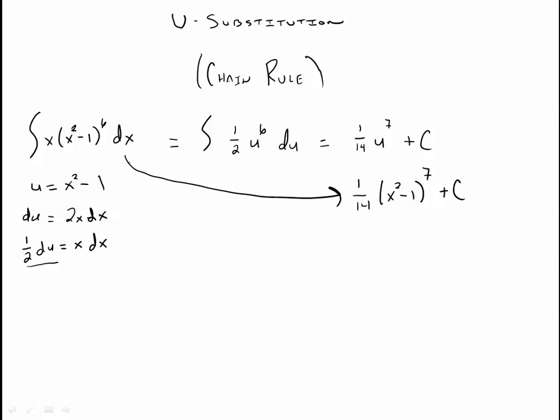Drop the 7, so 7/14 (x squared minus 1) to the 6th times the derivative of the inside. The derivative of x squared minus 1 would be 2x. The derivative of the constant is 0. And when I multiply 7/14 times 2x, I end up with x times (x squared minus 1) to the 6th, which checks out.